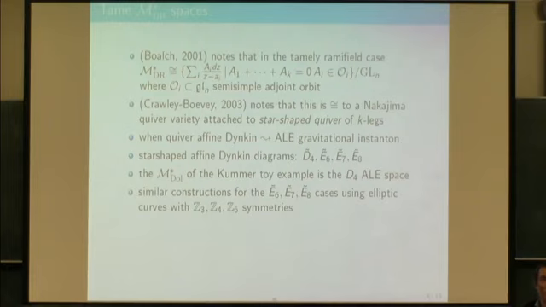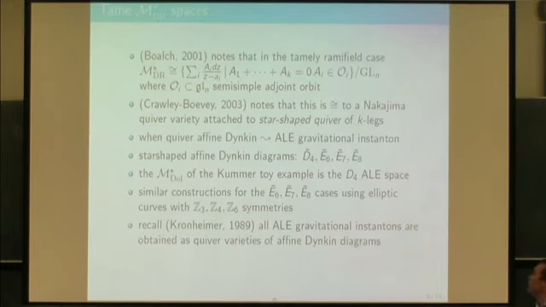Let me also, just for the sake of being in the picture, we have heard this already, of course, that all ALE gravitational instantons are in fact shown to be isomorphic as varieties, as quiver varieties of affine Dynkin diagrams.